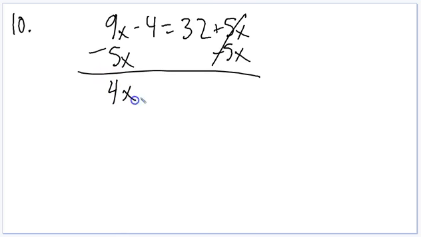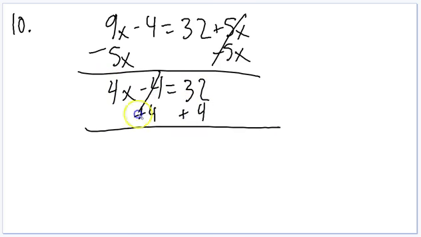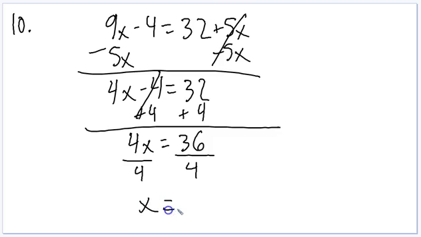I get 4x minus 4 equals 32. Add this 4 over here. That's gone. I get 4x equals 36. And everybody knows to divide that. And when I divide 36 by 4, I'm going to get x equals 9.